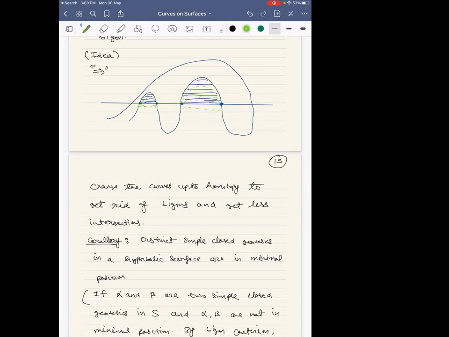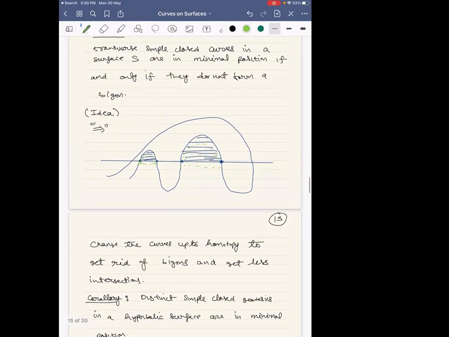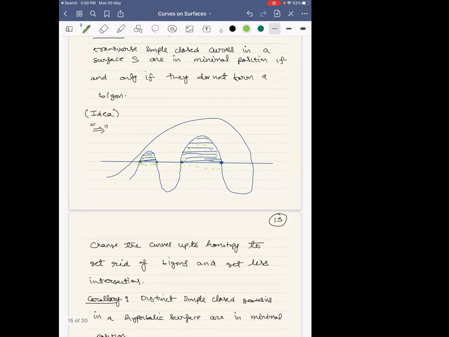So this bigon criterion is like a finite check, right? If you see two curves on a surface and you look at the intersections, you want to make sure whether they are in minimal position or not. Just see whether there are any bigons, and that is a finite check, just looking at a finite number of points.